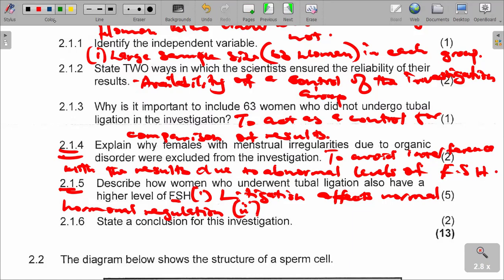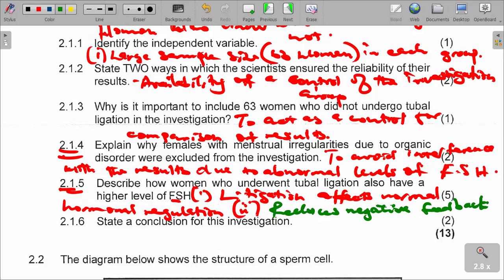So one other reason is that it also reduces negative feedback from the ovarian hormones, which is a problem again with regard to this.